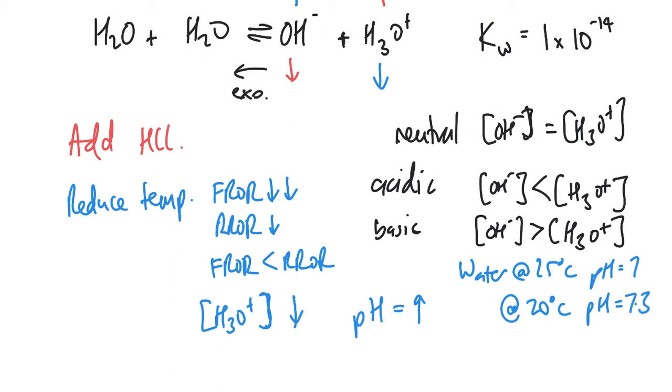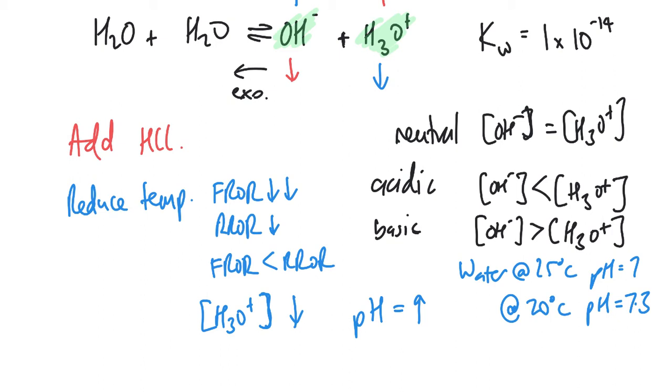Is this now a basic solution? No, it is not a basic solution. Why? Because when the reverse rate of reaction is favored, it's also going to consume both the hydronium ions and the hydroxide ions. And they're going to be consumed equally.